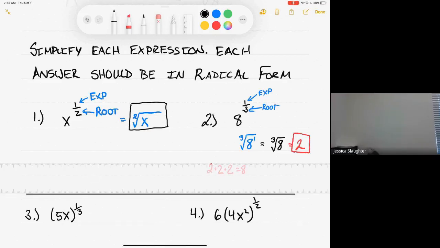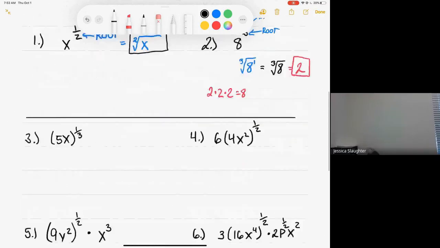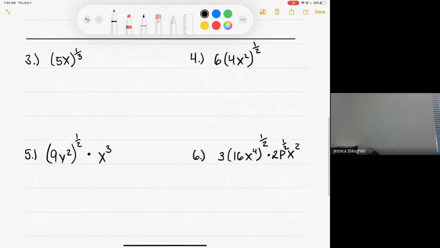A couple more examples here. So I have example 3, I have 5x raised to the power of 1/3. Again, the denominator is a 3, so this is our root.